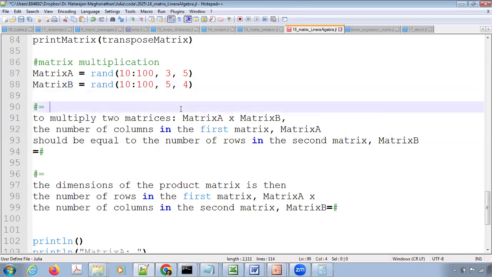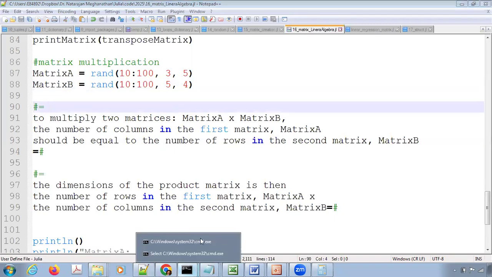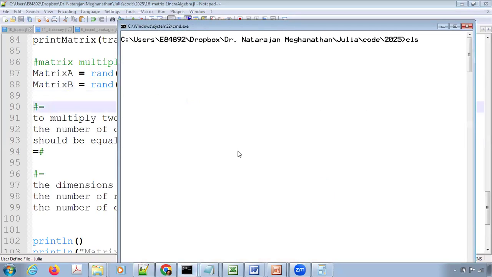All right, so I'm creating two random integer matrices of dimensions 3 by 5 and 5 by 4. So let's run it again.